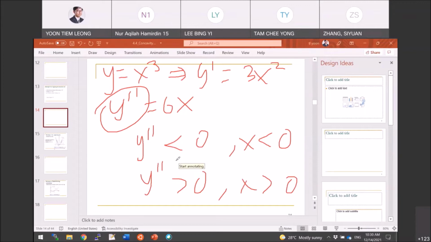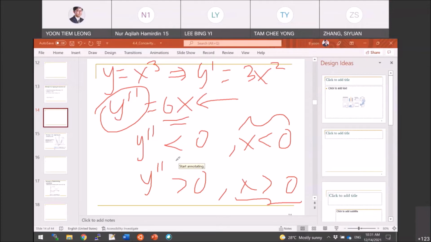Right, so that is very easy. You look at the expression for y double prime, then you determine by yourself the regions or intervals of x where the sign of y double prime is positive, and in which regions of x the y double prime is negative.